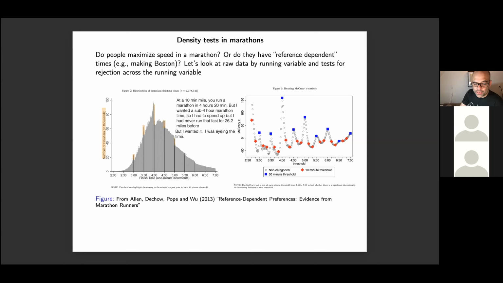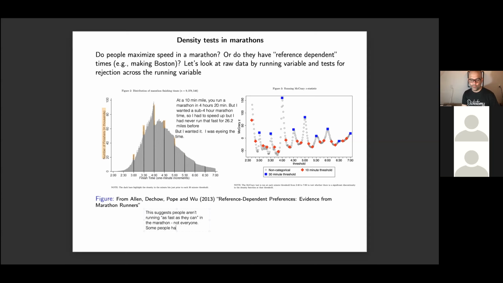It's not smooth, then it kind of disappears here. There's a little bit there. Over here, there's not one. So what this suggests is people aren't running as fast as they can in the marathon. Not everyone.